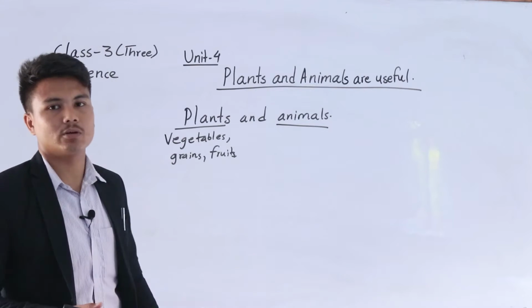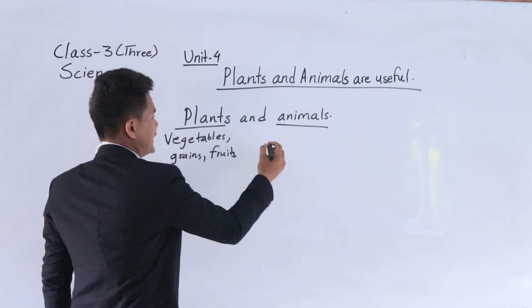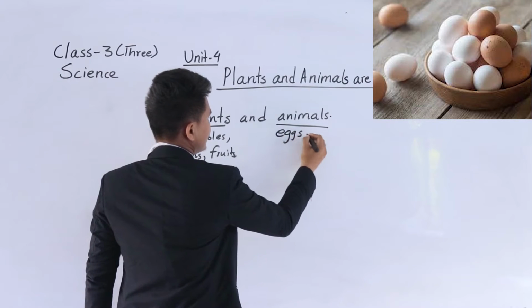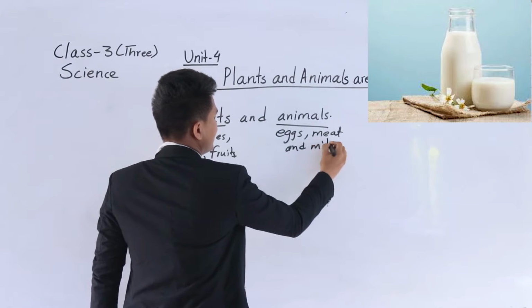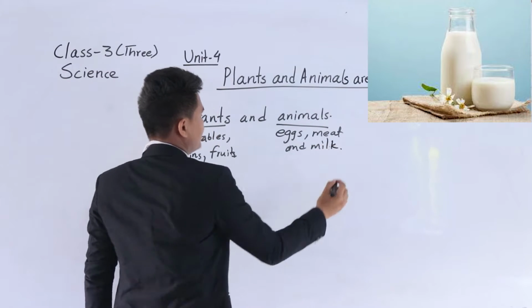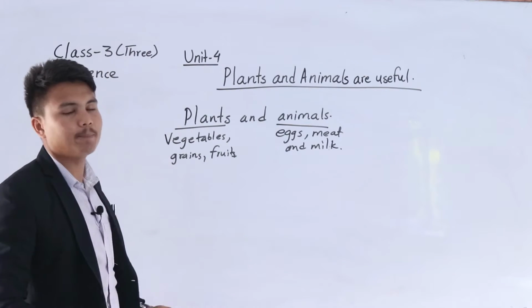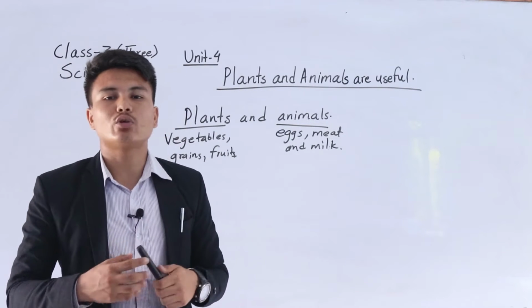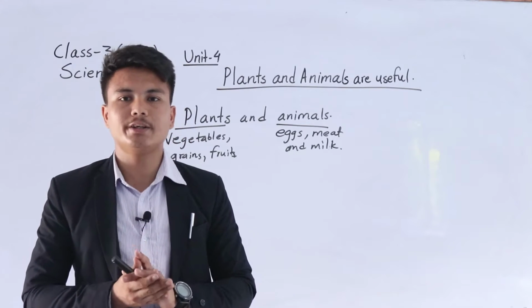From animals also we get food, that is eggs, meat and milk. Besides eggs, meat and milk, all other kinds of food are plant products. That's why we totally depend on plants. We need to conserve and preserve plants as well.